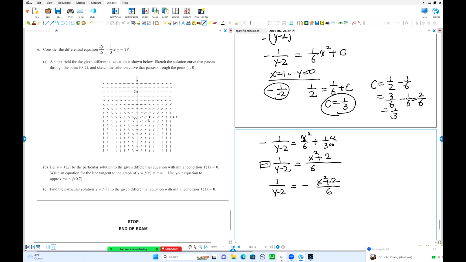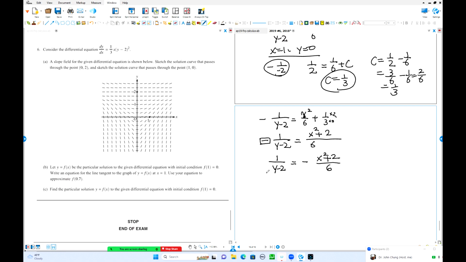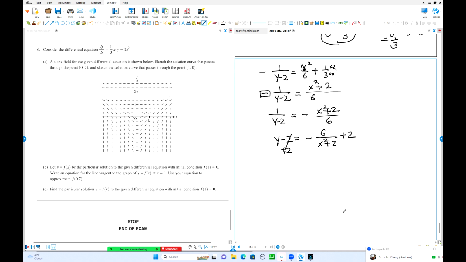After that, we take the reciprocal, because y minus 2 moves up, 1 goes down, 6 goes up, and this goes down. So y minus 2 equals negative 6 over (x squared plus 2). Do you agree with this? After that, you can add 2 to both sides. So finally, y equals negative 6 over (x squared plus 2), plus 2, okay?